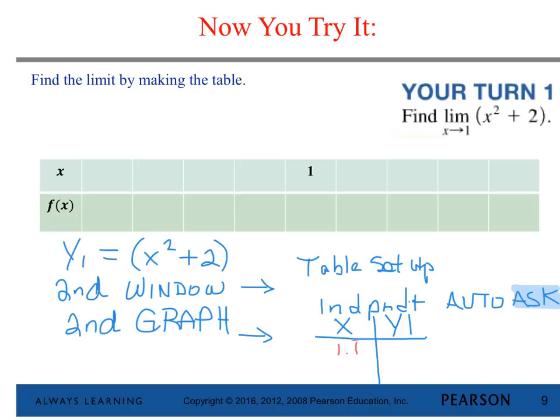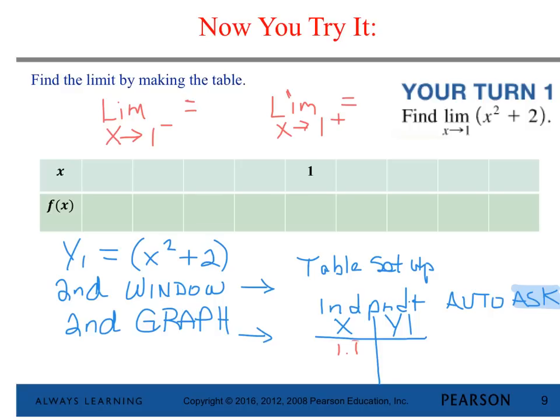And then at the end, you will write the limit as X approaches 1 from the left equals, and the limit as X approaches 1 from the right equals.